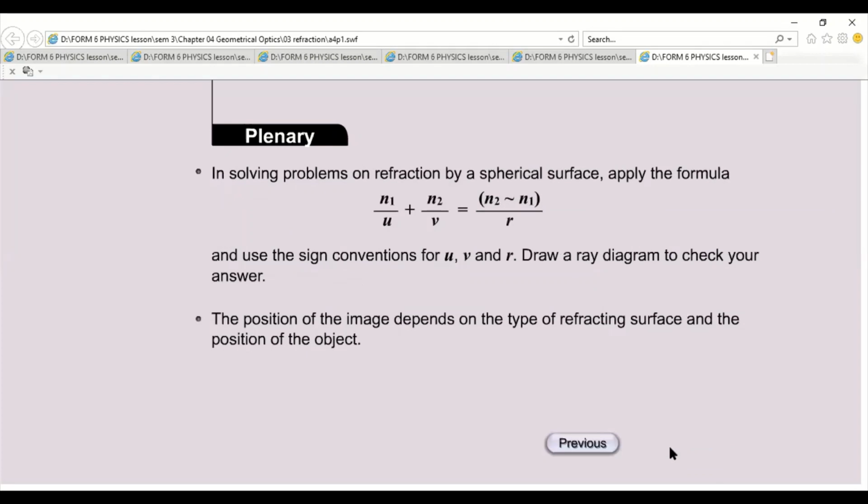Again, in problem solving, we apply the formula n1 over u plus n2 over v equal to n2 minus n1 over r for refraction by a spherical surface. And the position of the image depends on the type of refracting surface and the position of the object.